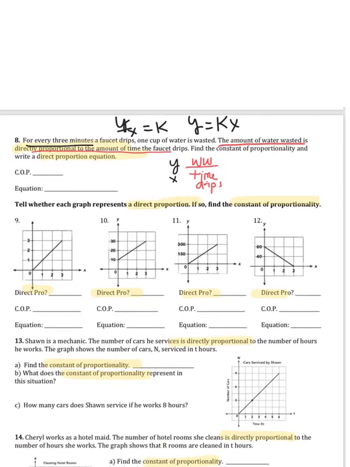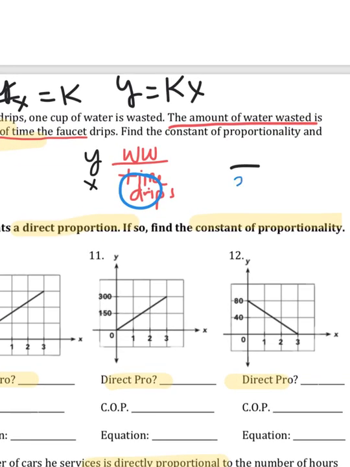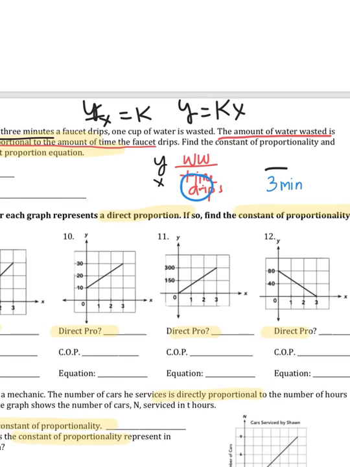Okay, so it says 3 minutes is time. Is time going to go on the top or the bottom of this? Time is on the bottom, so I'll put 3 minutes. And that's kind of sloppy, I'm sorry. Let me just make it a little bit bigger here. 3 minutes. And then it says 1 cup of water is wasted.